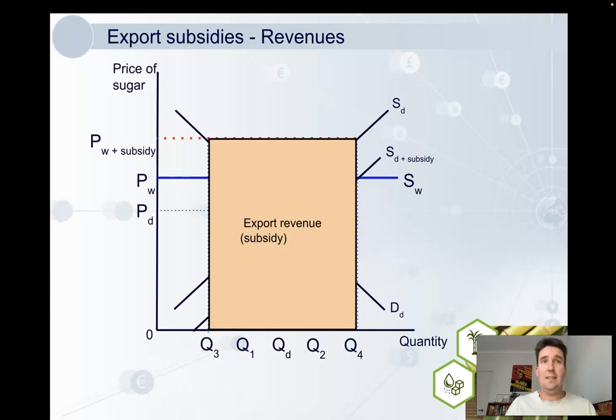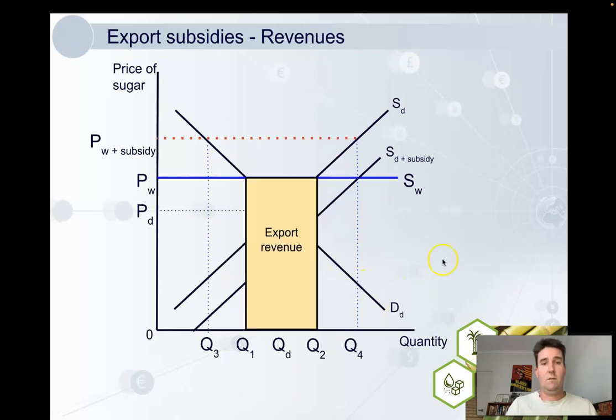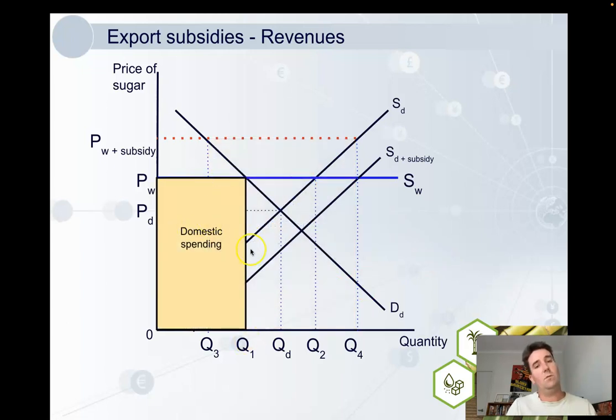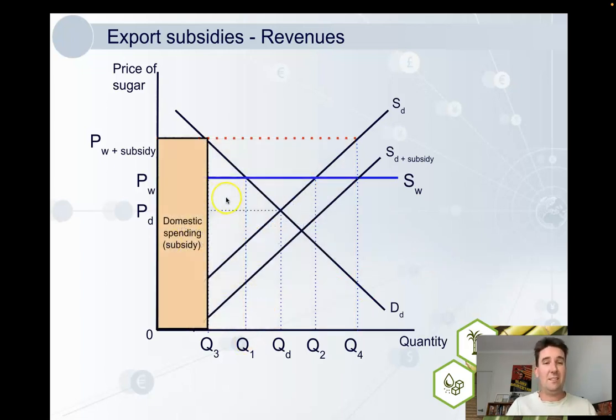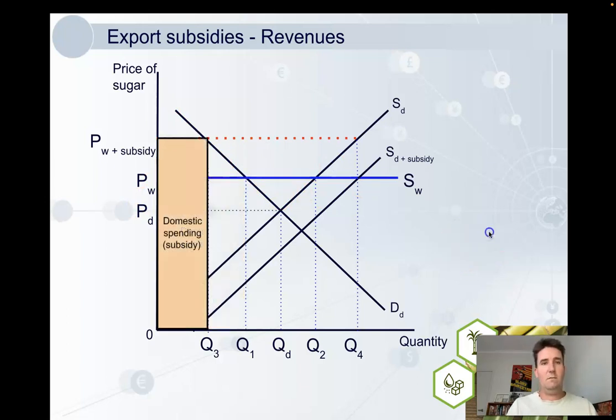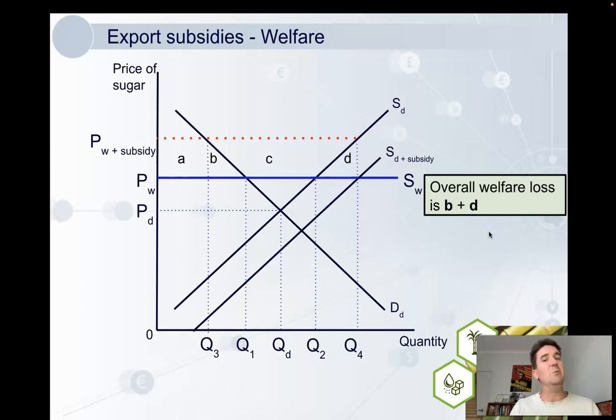Domestic consumers get less of the sugar. So there we go. Domestic spending before was this, but now they get less of the sugar and they have to pay a higher price. So they're not loving it too much. The welfare aspects are a little bit tricky.